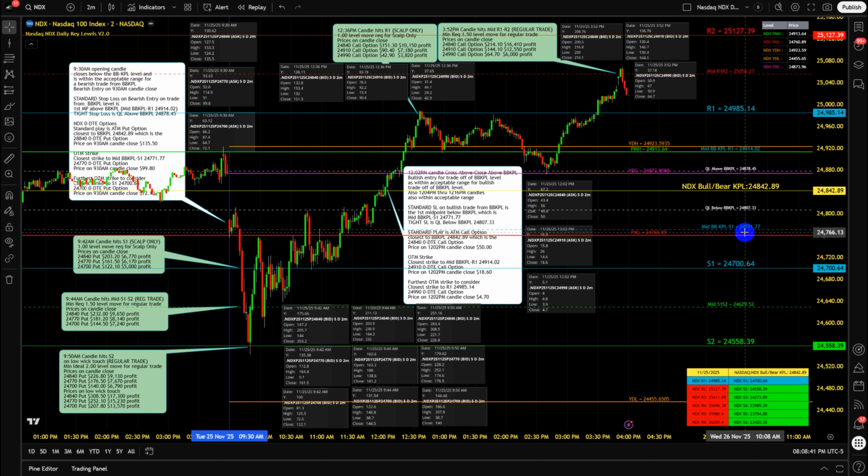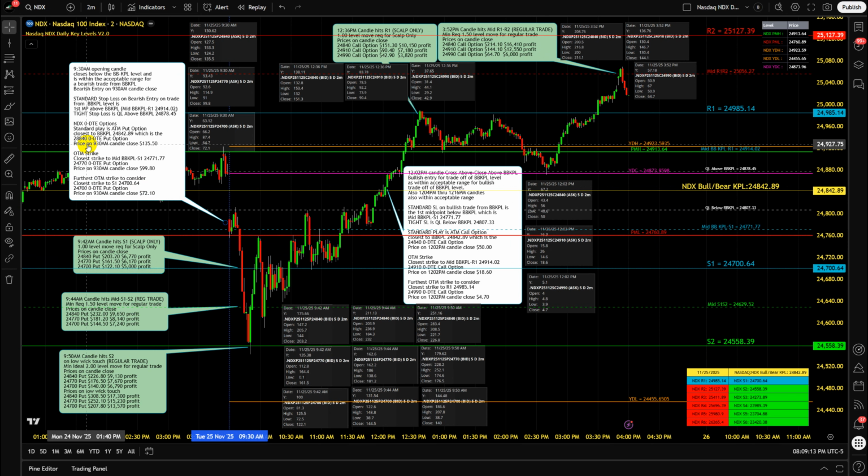That's 24,771.77, so that is going to be the 24,770 put strike. The furthest out of the money that you can consider works just like in the SPX key levels indicator, and that is 1 full level away in the direction of the trade. So that's your S1 level on this bearish trade from this level, 24,764, so the 24,700 put.